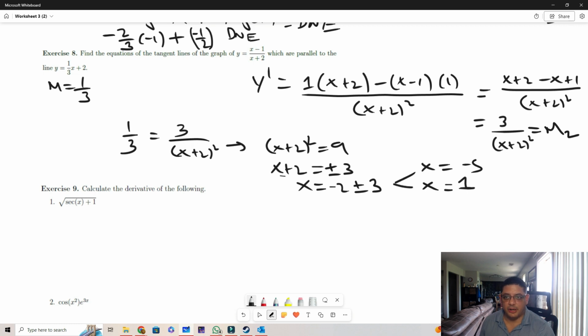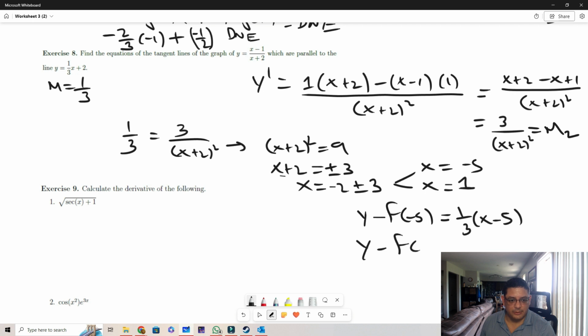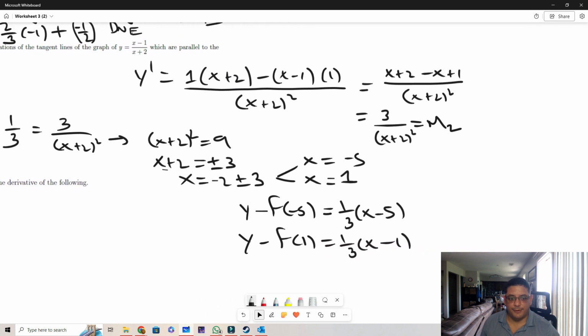And now, these are two possible points where this line has slope 1/3. For each of these, we're going to have one equation. So we have to find y minus f of minus 5 equals 1/3 of x plus 5, and y minus f of 1 equals 1/3 of x minus 1. This will be the two equations. Now I need to plug in for minus 5 and for 1.